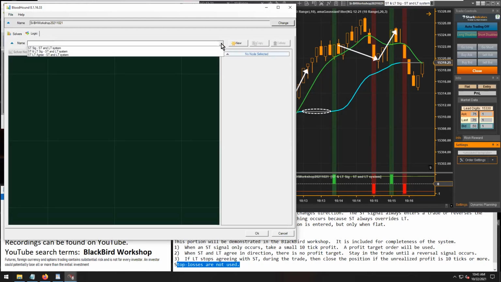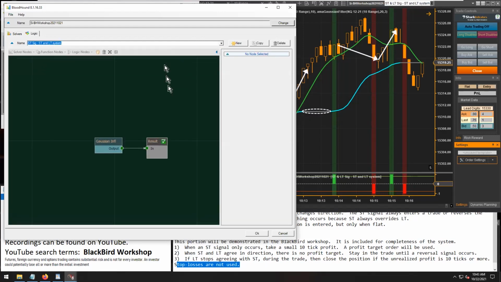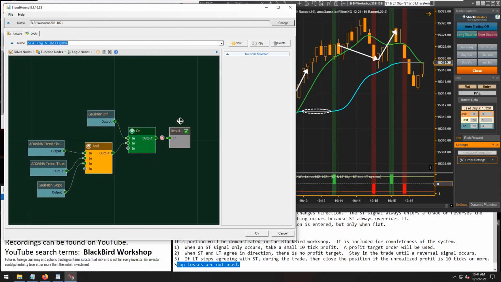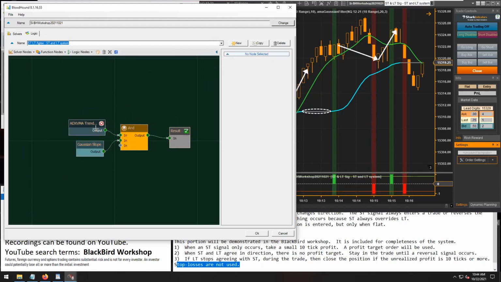As good practice, we should always look at the logic template to make sure that the leaders are connected up correctly. So there you go. All those leaders look correct. So you always want to make sure that the result node is connected to the correct spot there.